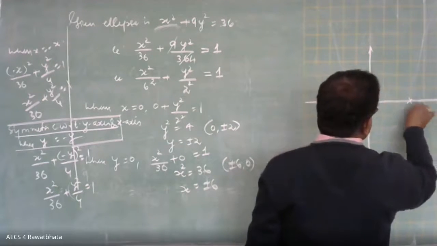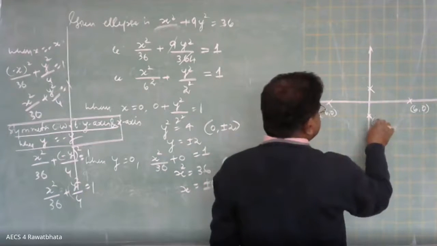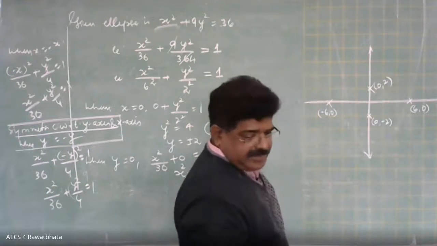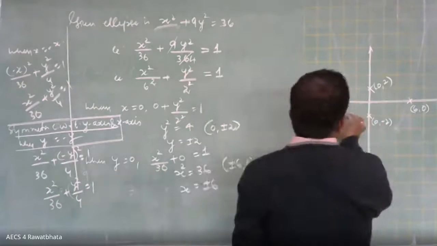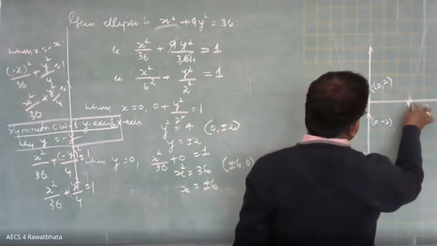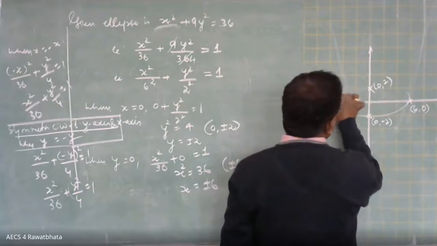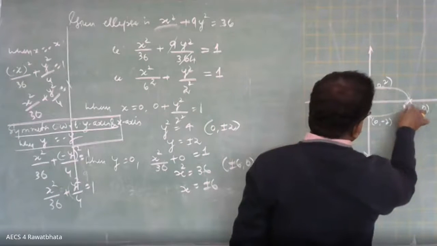Here 6, 0 and minus 6, 0. This is 0, minus 2, and this one is 0, plus 2. So the ellipse we can draw easily. It is not necessary to find the other points. Simply you can draw the 4 points.